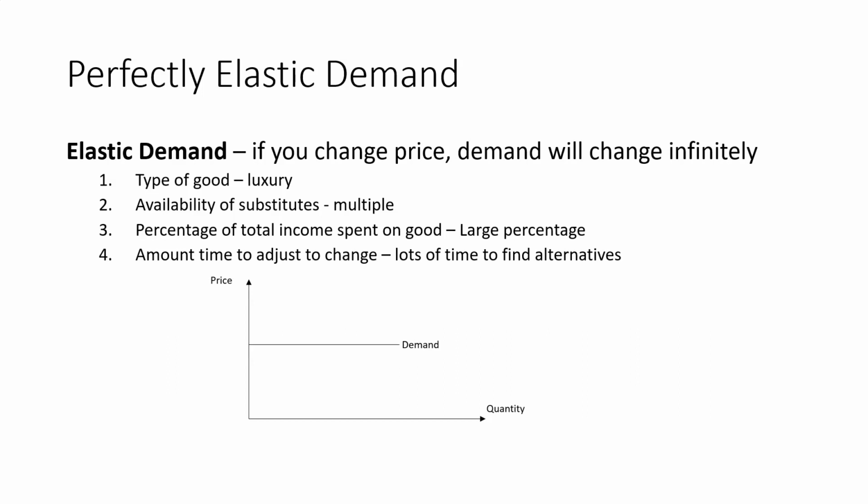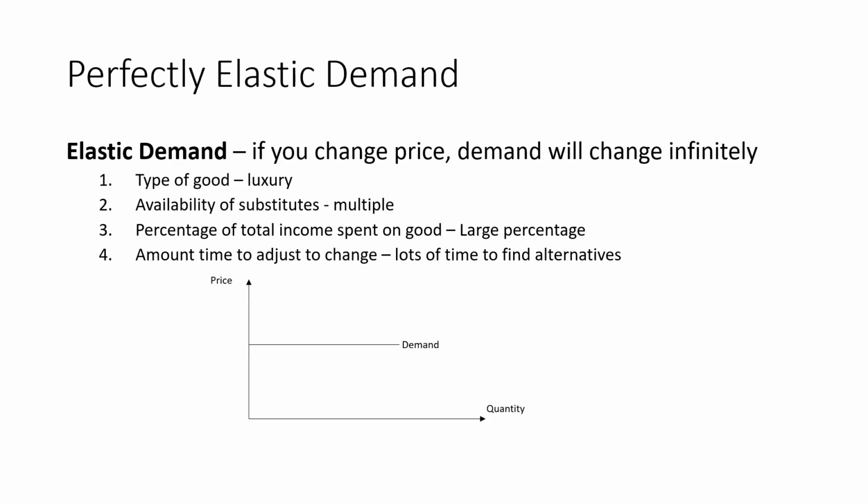For example, if you're purchasing a luxury item, something you would like to have if you could, but it's not a necessity to have. You can live without it. If the price of a luxury item goes up, you're going to stop buying it.